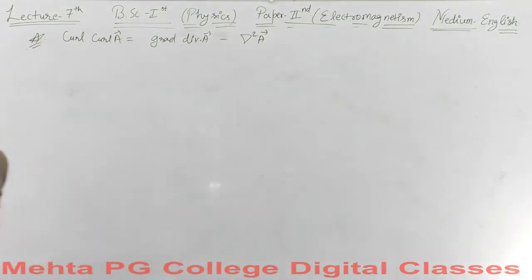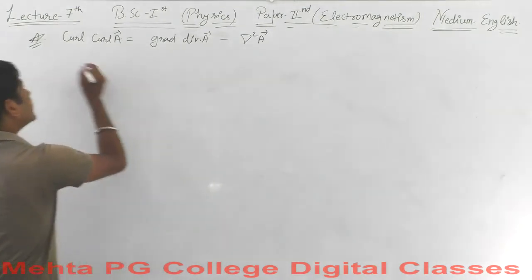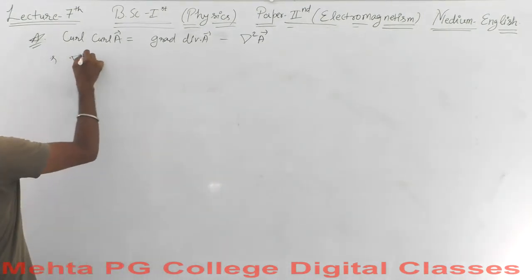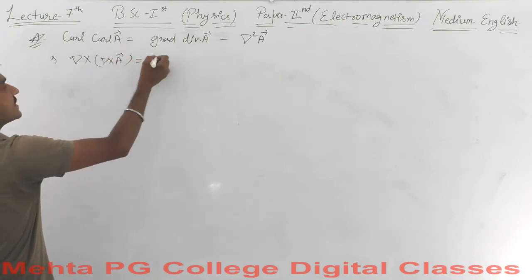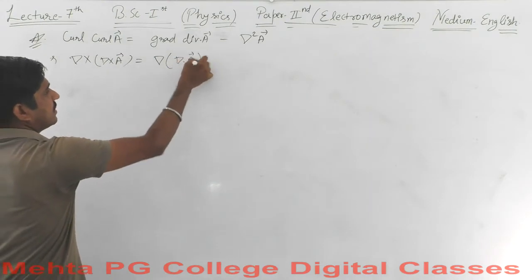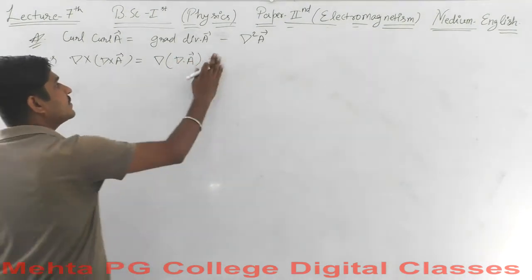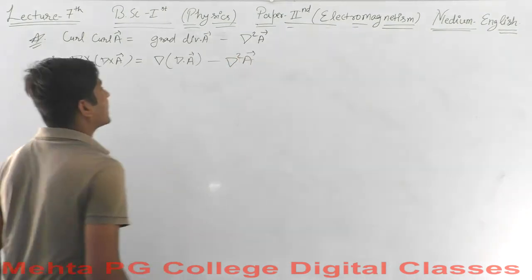So let's find out if this quantity will approach this. Mathematically you can express it as del cross del cross A vector equals del del dot A minus del square A vector.